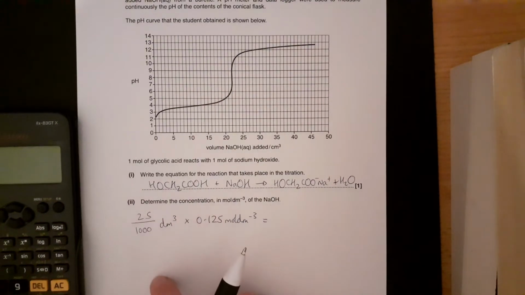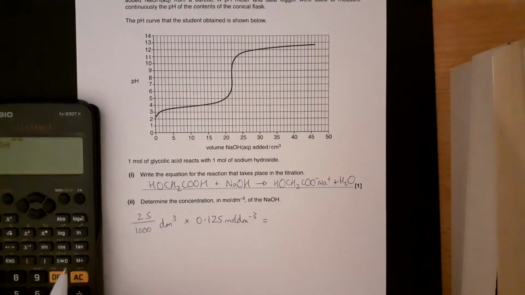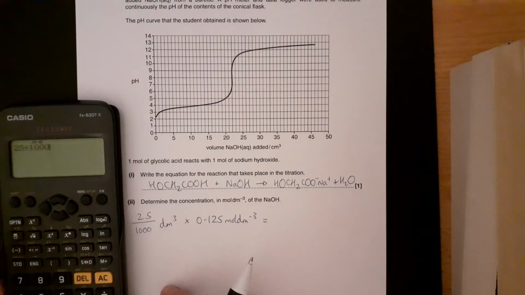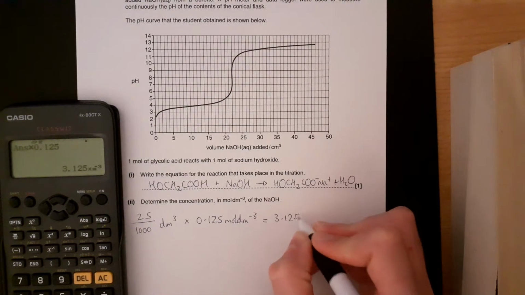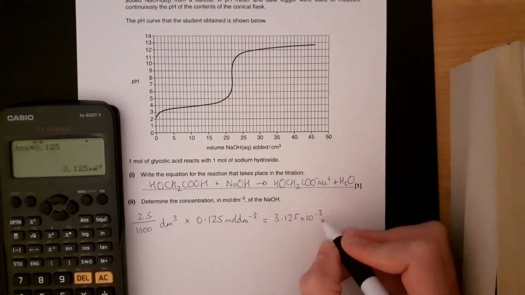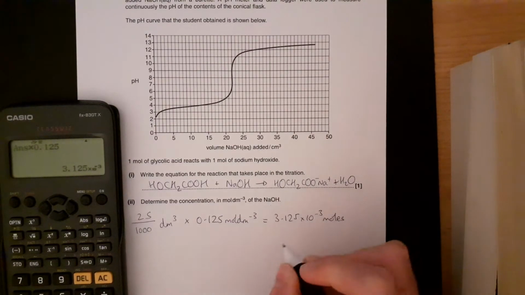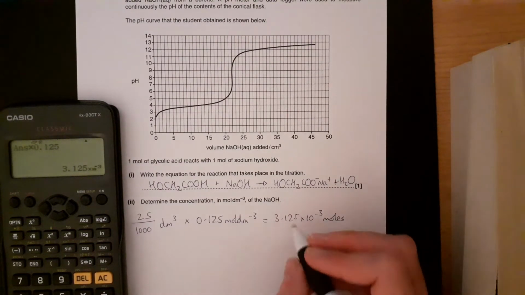So 25 divided by 1,000 and then times that by 0.125. So we've got 3.125 times 10 to the minus 3 moles of the glycolic acid.